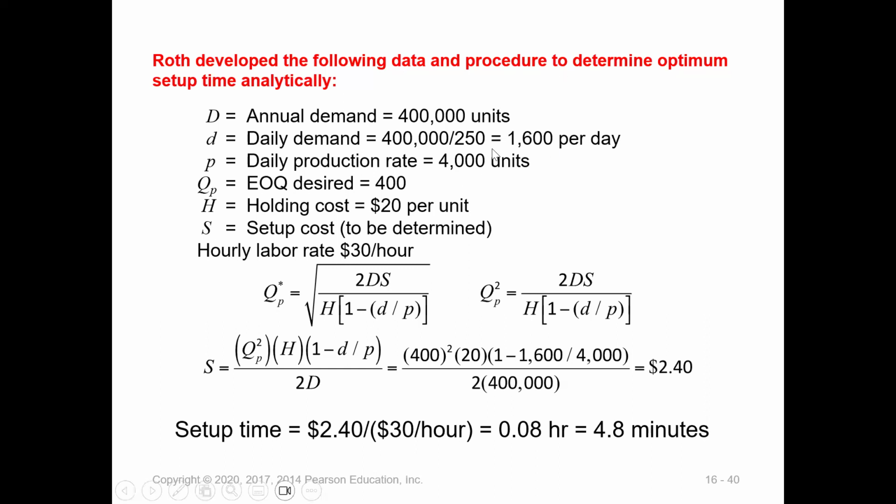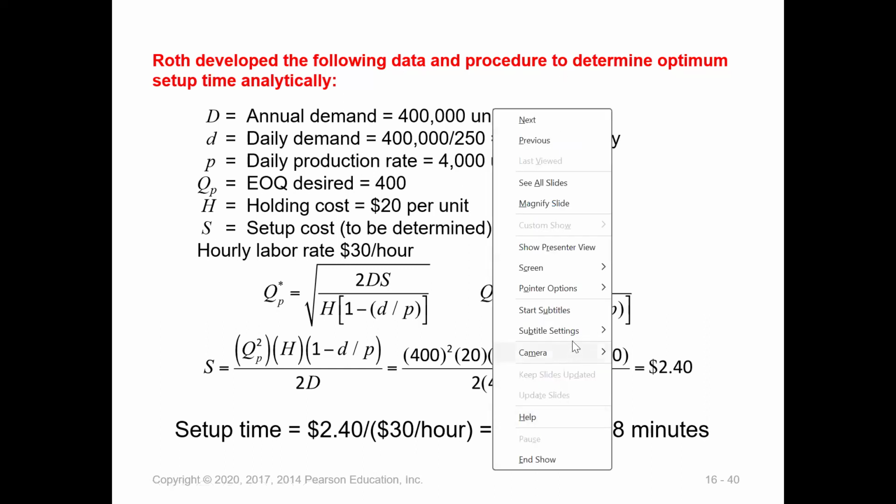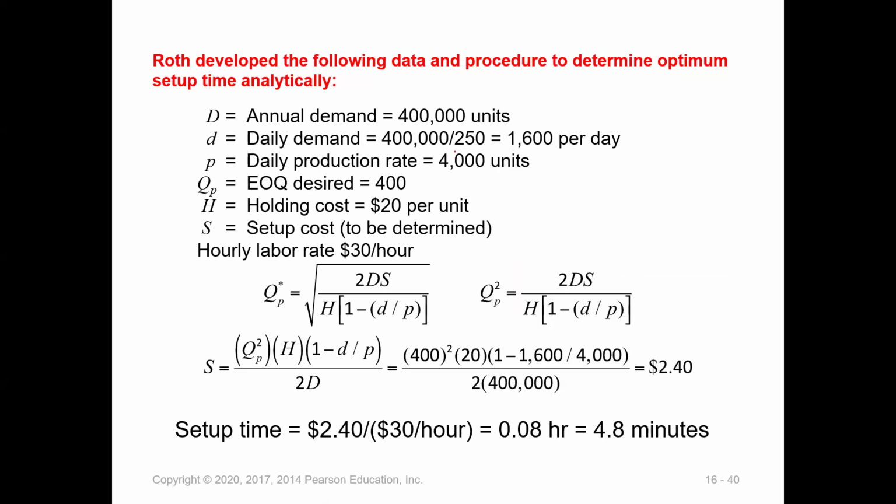So if I give you a question and the number of working days is not given, just use 250, okay? Okay, so when we are given the annual demand here, we divide by the number of days.